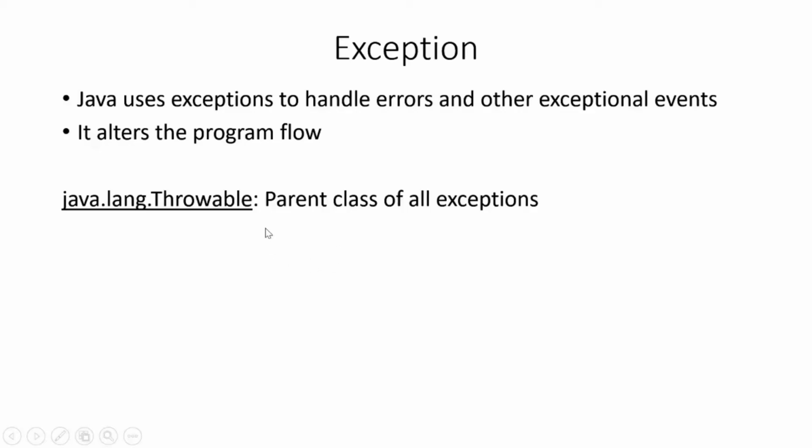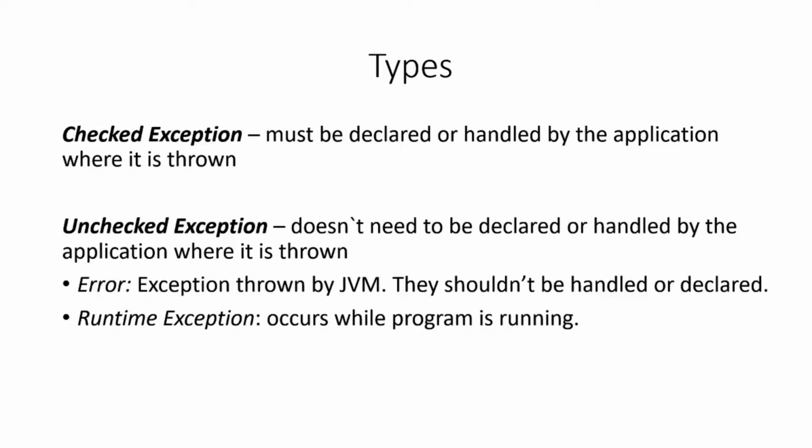All exceptions are a child of java.lang.Throwable. We have two types of exception, checked exceptions and unchecked exceptions. Checked exceptions must be declared or handled by the application where they are thrown. And unchecked exceptions don't need to be declared or handled by the application where they are thrown.